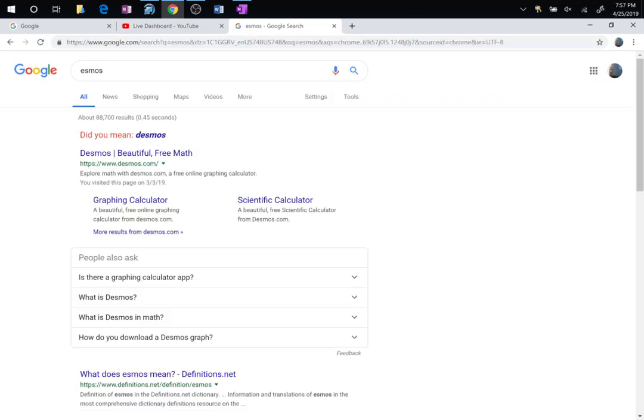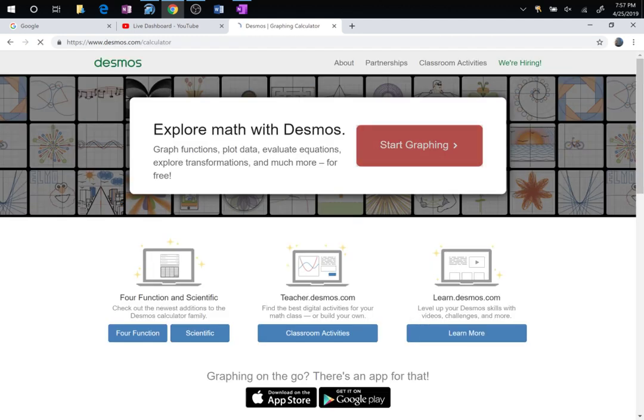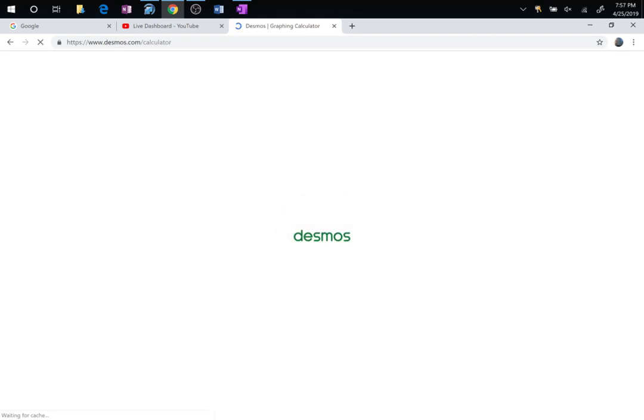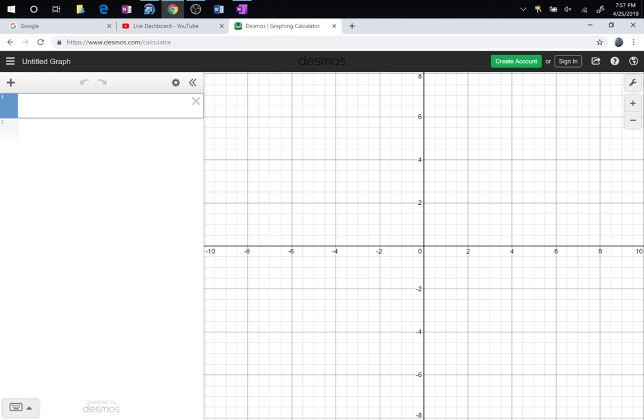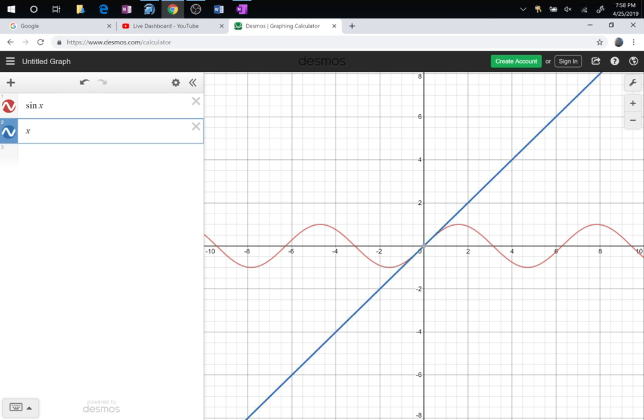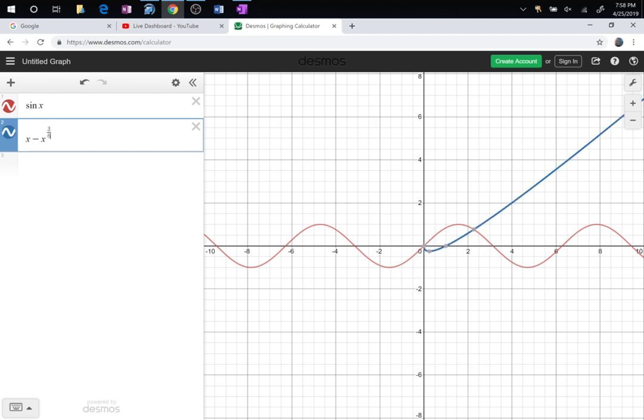Now this is going to be extremely important. We found out that my sine x graph can be replaced by x minus x cubed over 6.